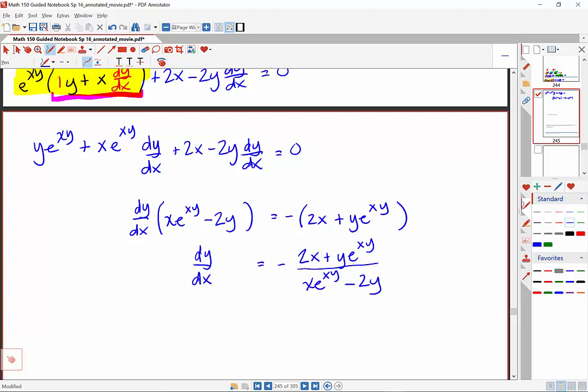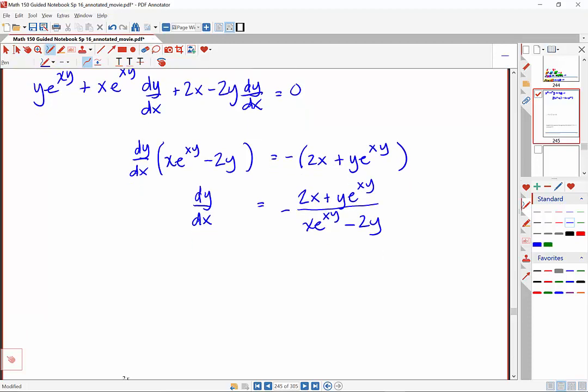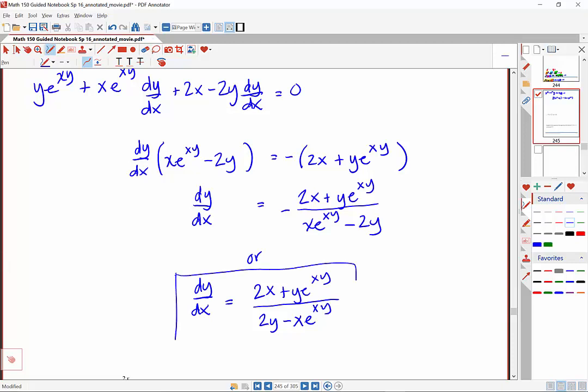Now, if you had opted to bring that negative into the denominator, you might have something slightly different. The prettiest way to write this would have been this way, where you brought that negative into the denominator and distributed it through, and you would have ended up with 2y minus x e to the xy. So both of those are fine.